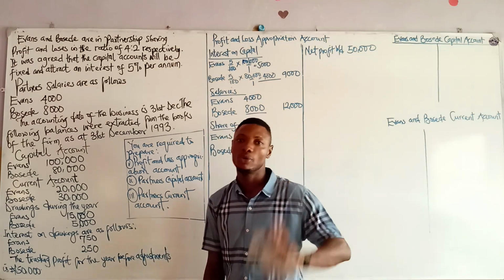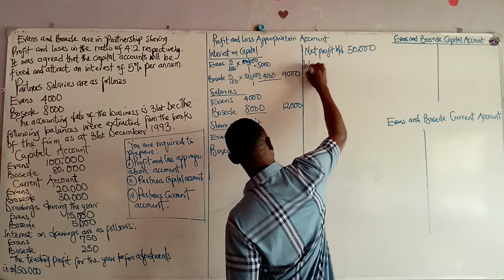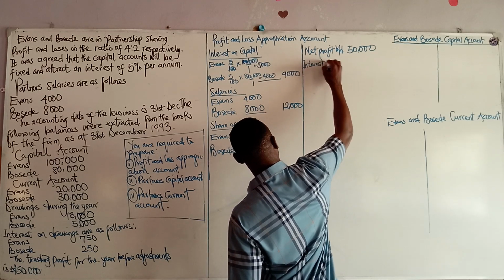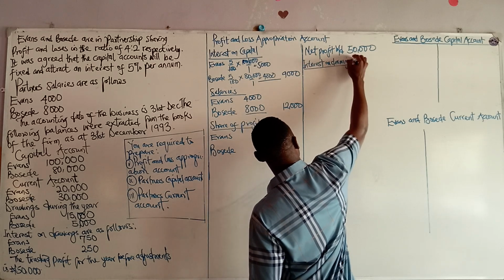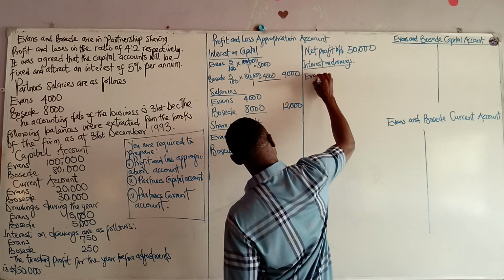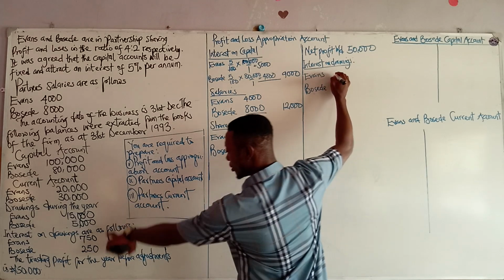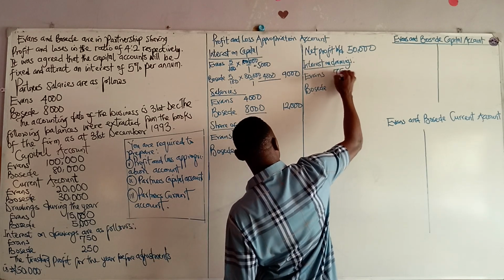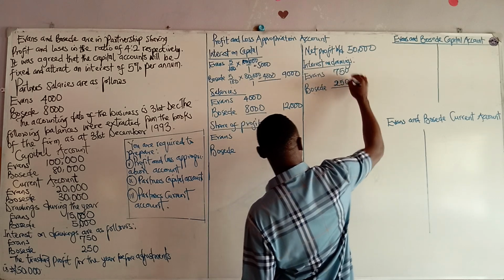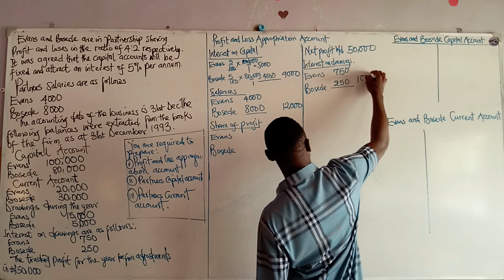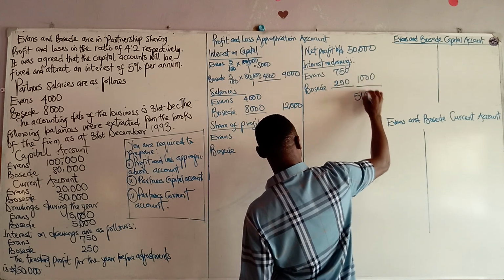Like I said, interest on drawings goes to the credit side. Evans was charged 750 and Boside was charged 250. If you add these two together, that gives a total of 1,000. Now 1,000 plus 50,000 gives me 51,000.